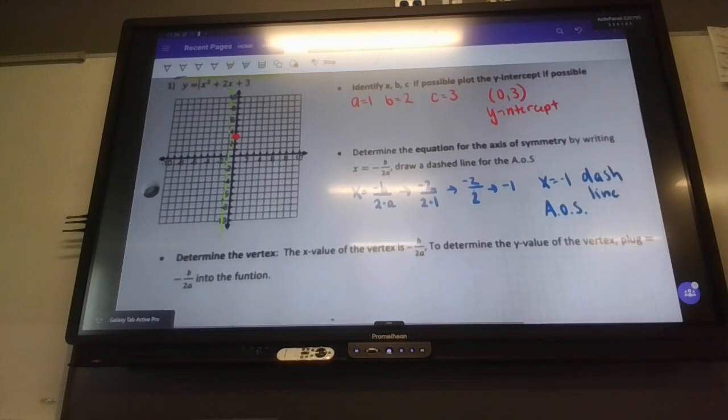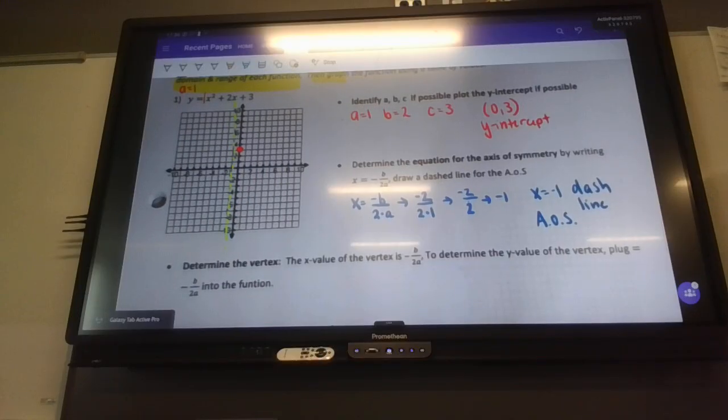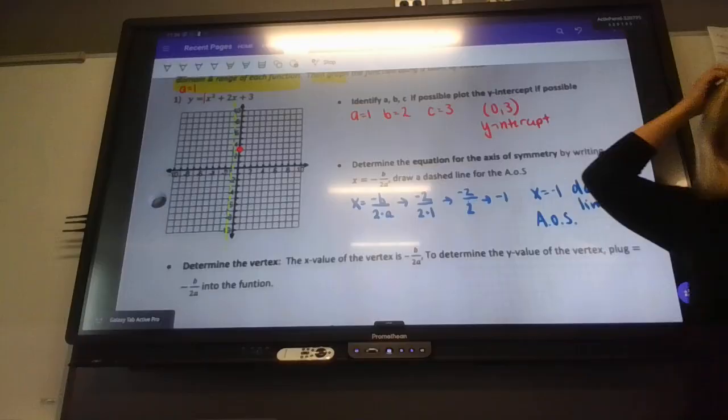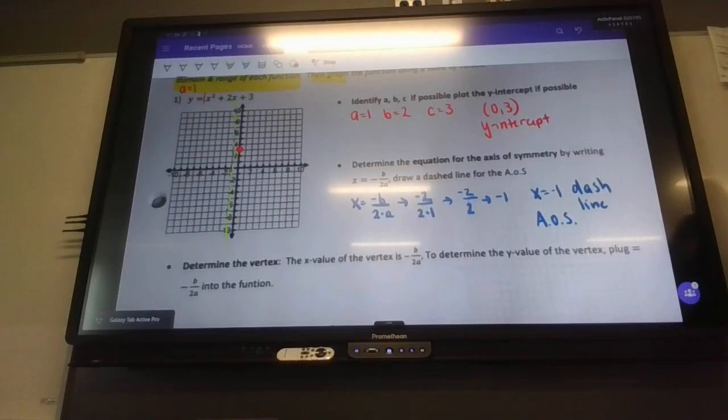All right, we're going to find the vertex now. That vertex will always be on that dashed line. So where's the vertex? The x value of the vertex is negative b over 2a. To determine the y value of the vertex, plug negative b over 2a into the function. So I'm going to write that out more clearly. Plug in the answer from step 2 into the problem.